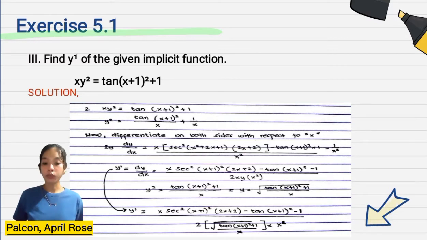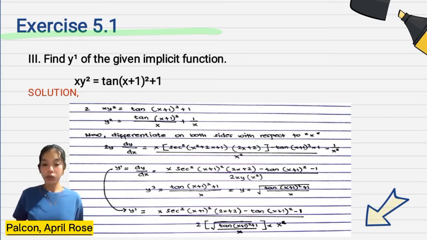So, y squared equals ((tan x plus 1) squared plus 1) over x. It equals y equals the square root of ((tan x plus 1) squared plus 1) over x.